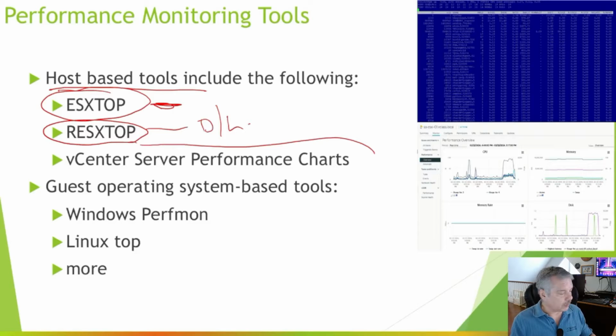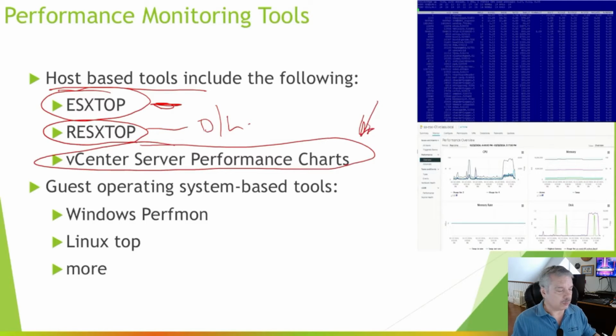Another tool is the vCenter server performance charts. These are nice GUI tools, graphical user interface. ESXTOP and RESXTOP are command lines. If you're not really a command line person, then the performance charts might be the tool you want to use. They're very pretty. They don't provide you with real-time information.